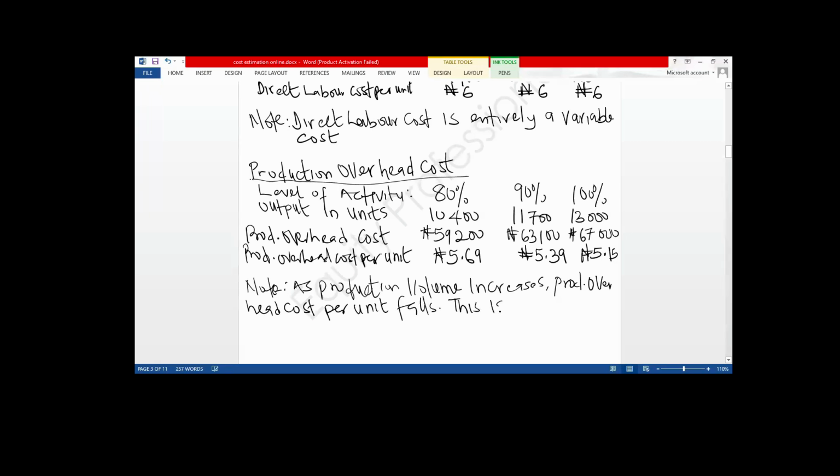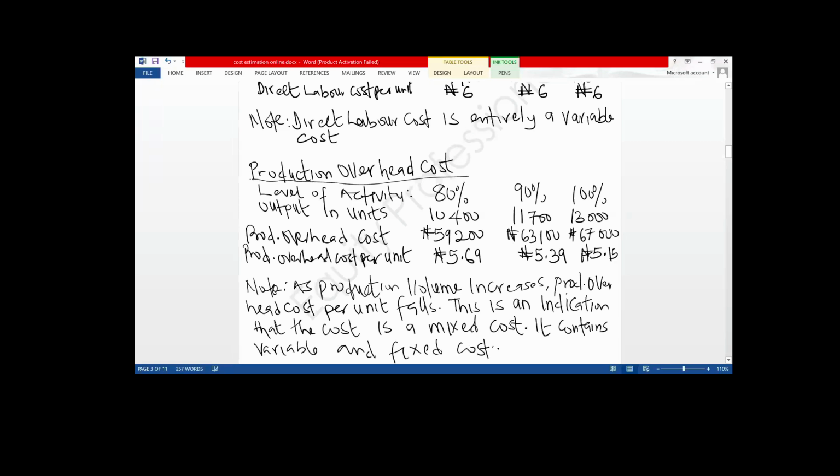This is an indication that the cost is a mixed cost. It contains variable and fixed costs.